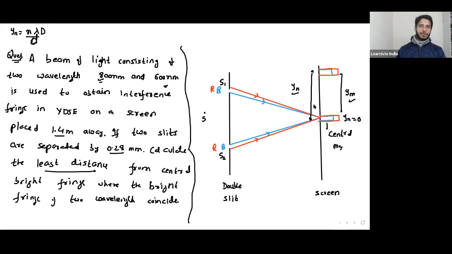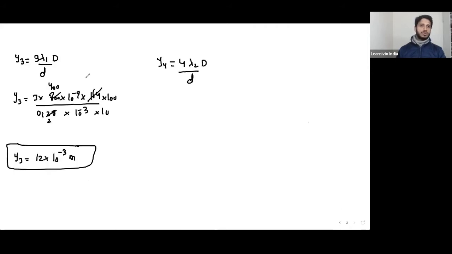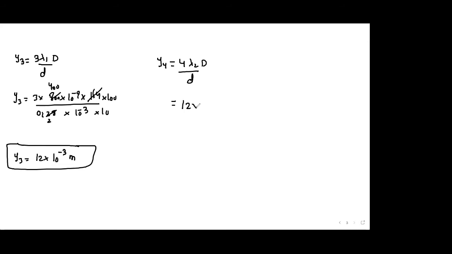Yes, sir. The separation of the third fringe from the central maxima of one wavelength is equal to the separation of the fourth fringe of the other wavelength. Then only these two fringes will coincide. So if n comes out to be 3 and m comes out to be 4, that means your y3 should be equal to y4. If you complete this calculation, what should be the answer? 12 into 10 raised to minus 3.